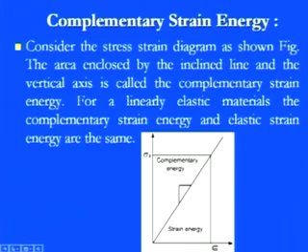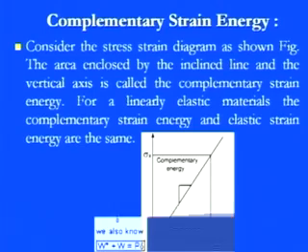In this diagram we have the elastic region, up to the yield point. We can see that this region and this region have a similar nature, so whatever energy is stored in terms of the complementary or the strain energy has the same value and the same physical sense.